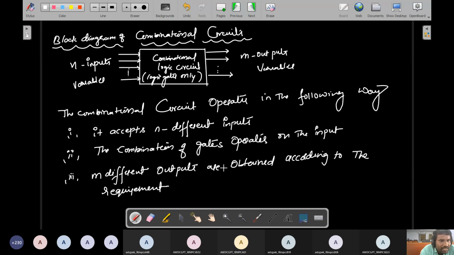Finally we get m different outputs according to the requirement. Whatever our requirement, you will get one output or many outputs, you will get m output variables. So this is the actual block diagram of combinational logic circuits. Understand?